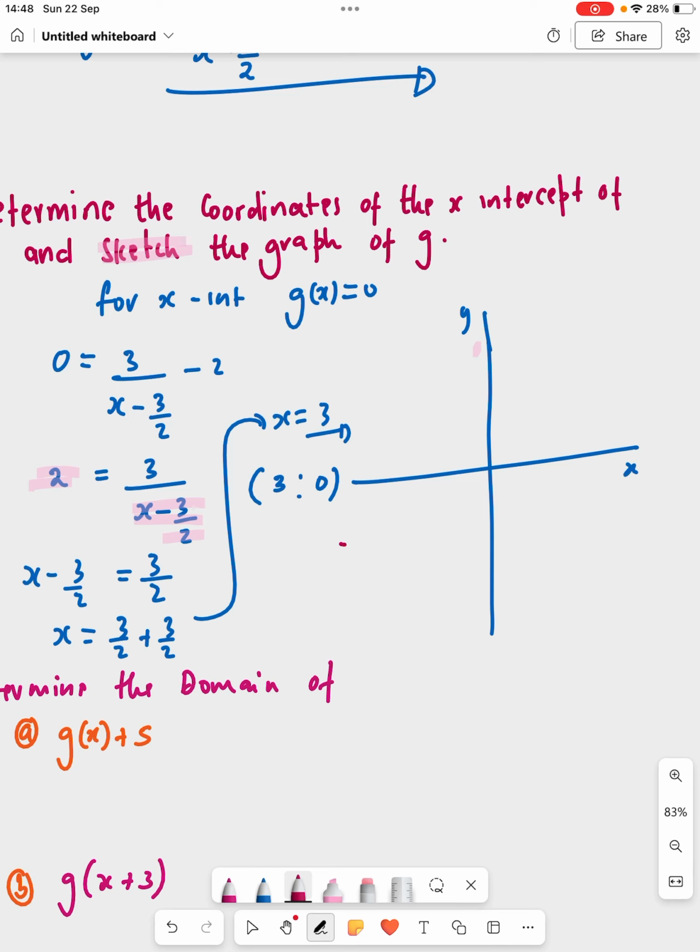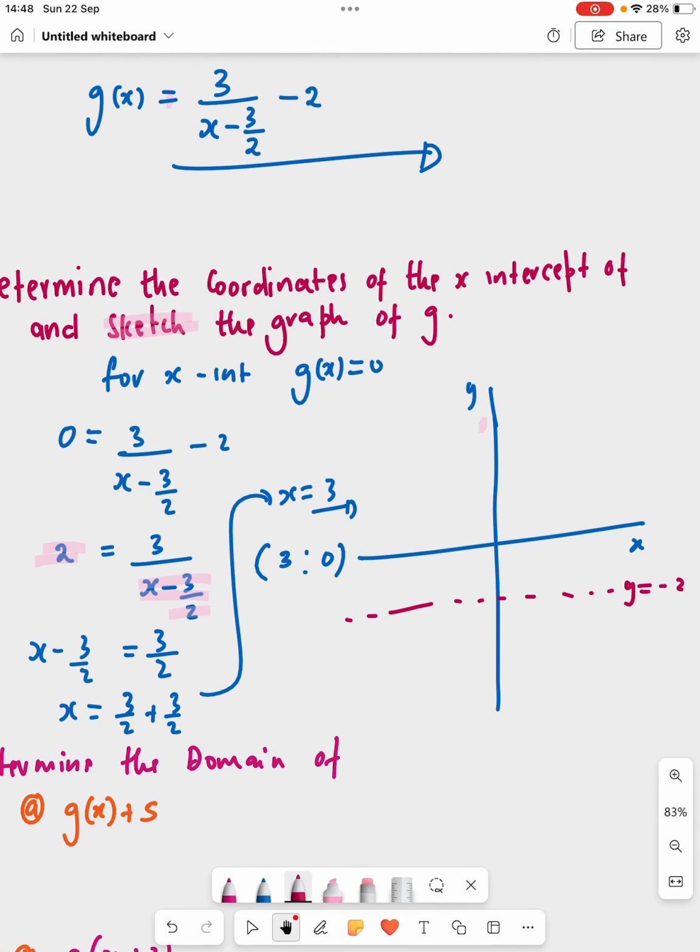So our horizontal asymptote, it is y is equal to minus 2. We also calculated the value of r. So we do have our vertical asymptote, which is 3 over 2, 1.5. So here is our x is equal to 3 over 2 as our vertical asymptote.